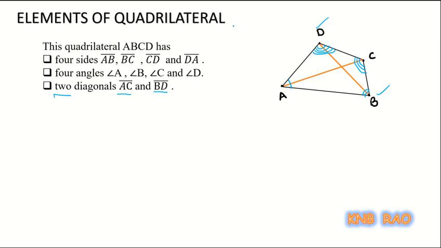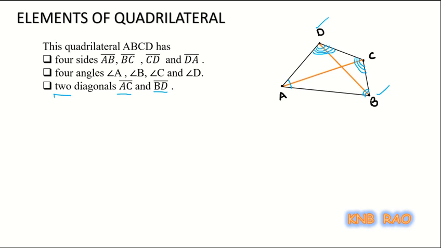These 10 elements are going to decide the shape and size of a quadrilateral. Based on the shape and sizes, we can classify the types of quadrilateral, which you will be learning later in your higher classes.